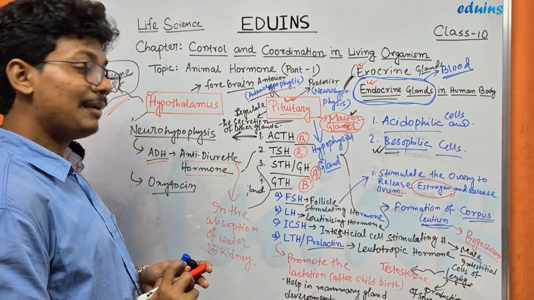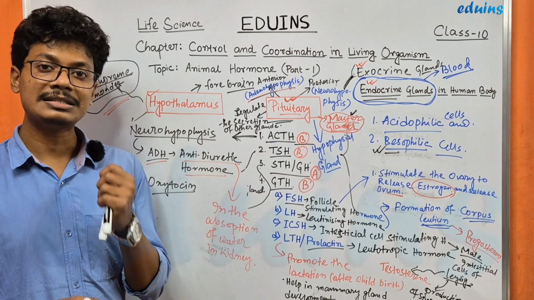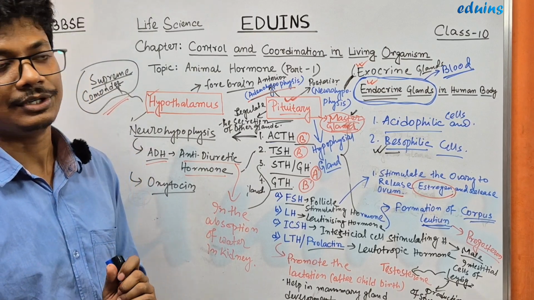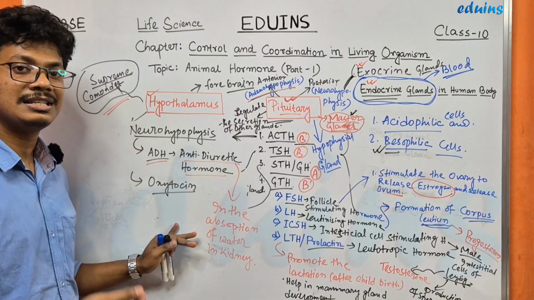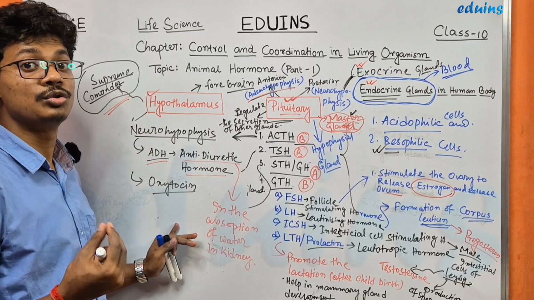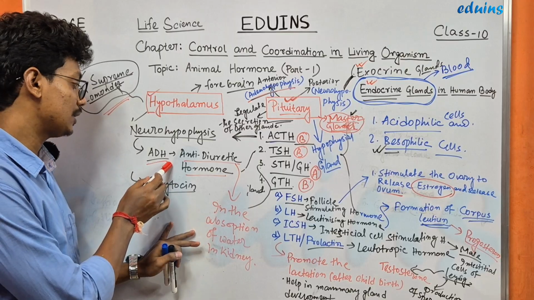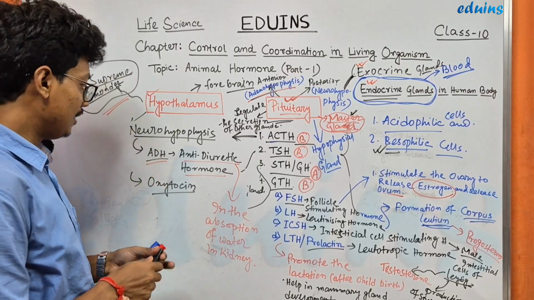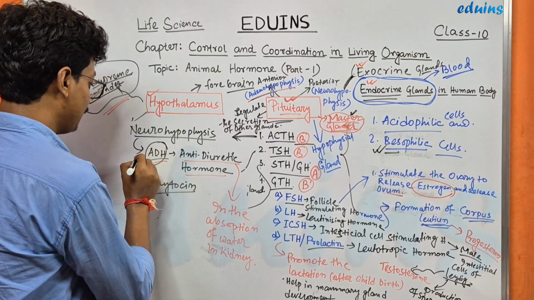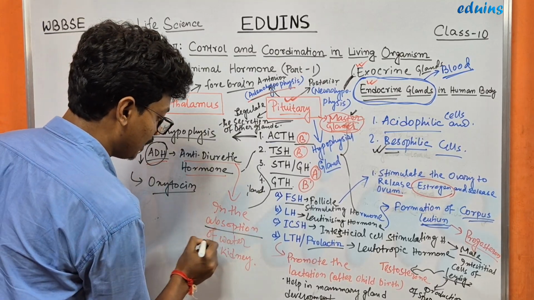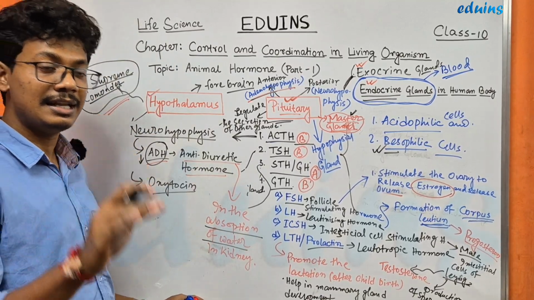We know there are two types of diabetes. One is diabetes mellitus and another one is diabetes insipidus. The diabetes mellitus is mainly responsible for the blood glucose level, but diabetes insipidus is responsible for the ADH. When the secretion of ADH is decreased, then the absorption of water inside the kidney gets decreased.